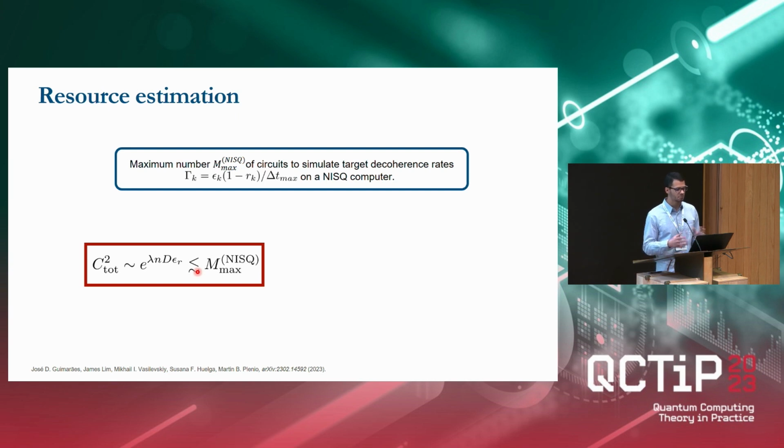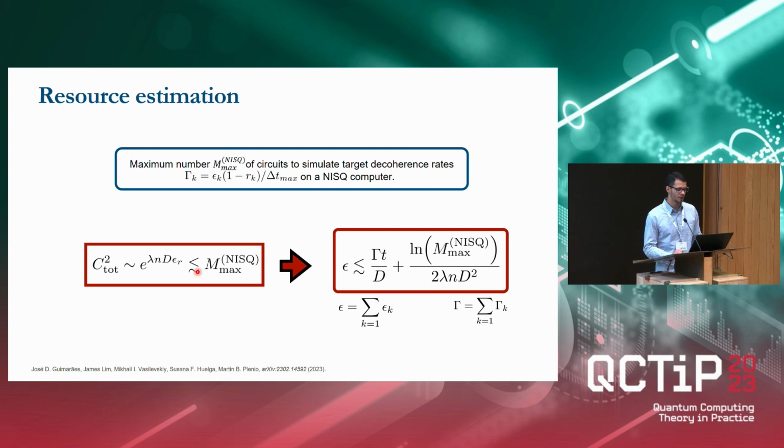We can manipulate this equation to reach this inequality, where the maximum allowed total error probability in a total layer must be similar or less than the right-hand side of the equation. The uppercase gamma is just the sum of all the target decoherence rates.